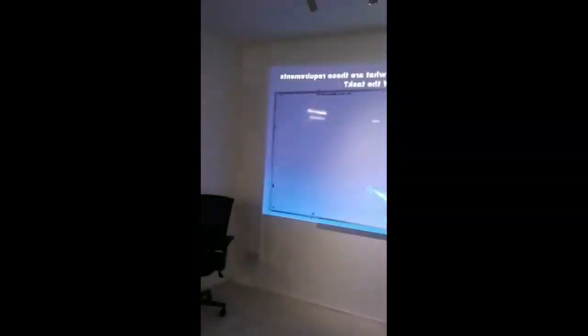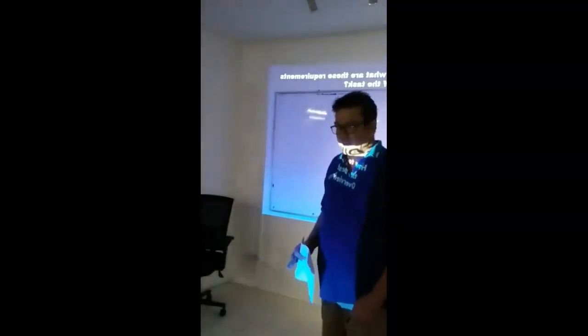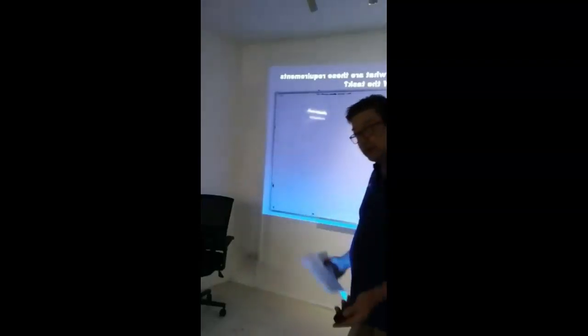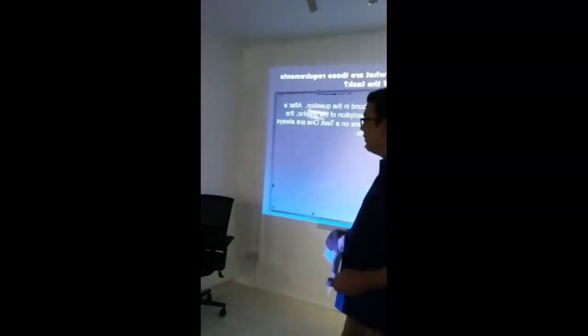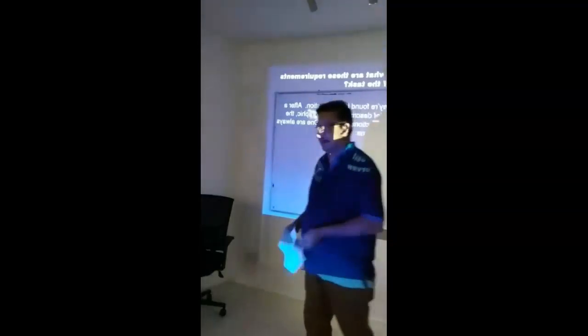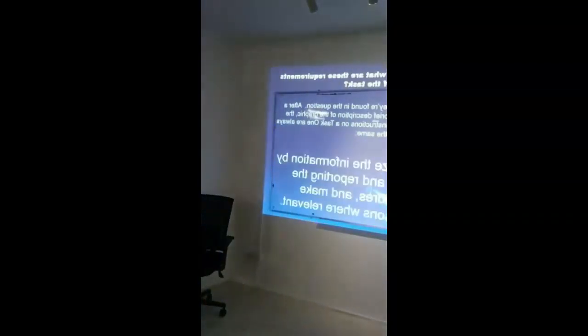Now, the question though is, what are the requirements of the task? Well, as I said, every task 1 has the same instructions, and it's there that we will find these requirements of the task.